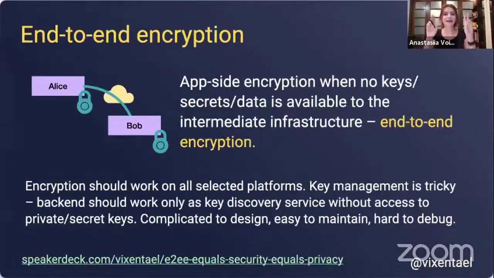In many cases, these ends are mobile applications, but it's not required. It can be any application. You can just say, okay, this part of my data flow is end-to-end encrypted. The trick here, as I mentioned, is that all the intermediates, all the components the data goes through, don't have access to data in plain text and they don't have access to keys. So they cannot decrypt the data.